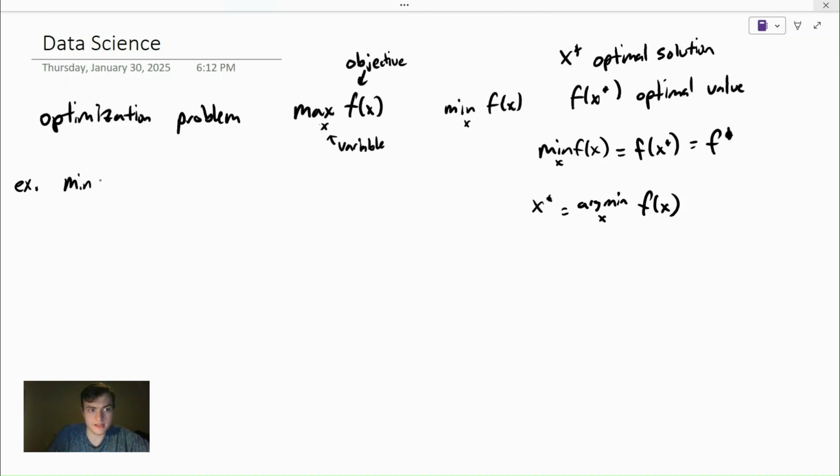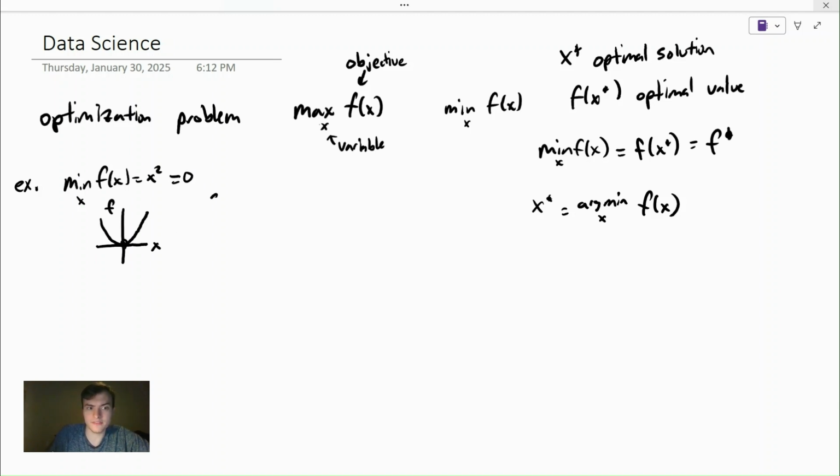Say we are minimizing f of x equals x squared over x. With just our single variable x and objective f, we can visualize it pretty easily because it's just x squared. Our minimum is going to be this vertex at 0, 0, so the function value is 0 at its lowest.